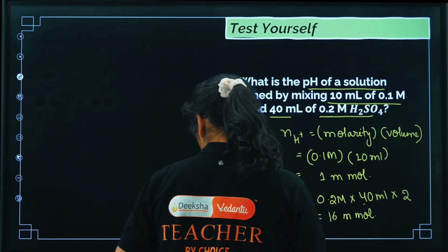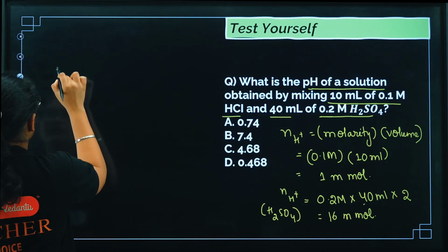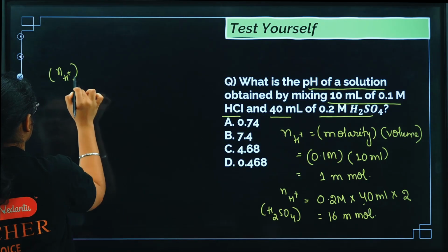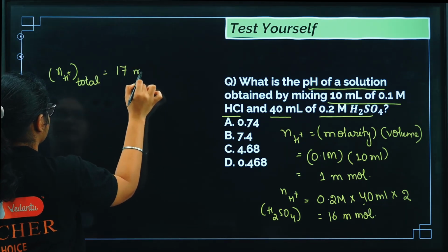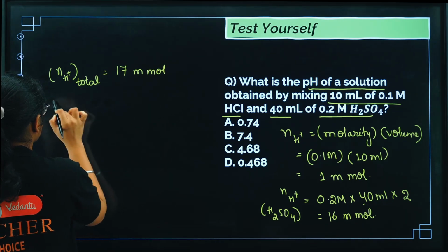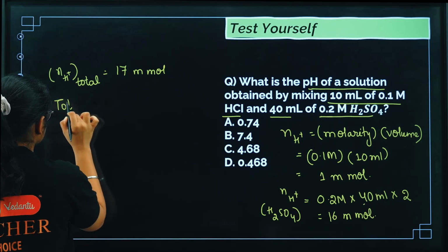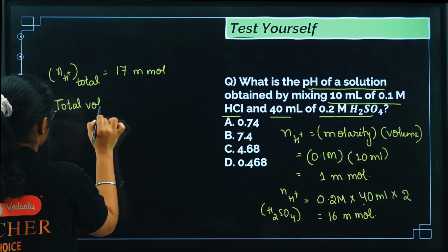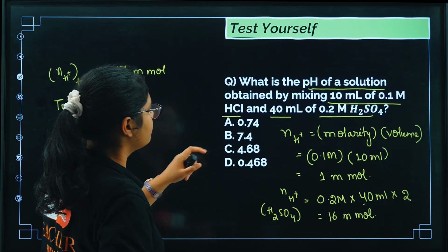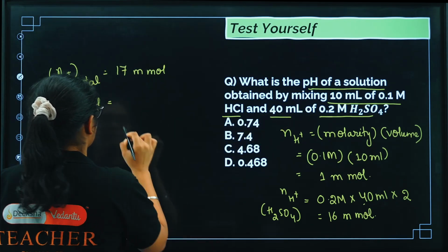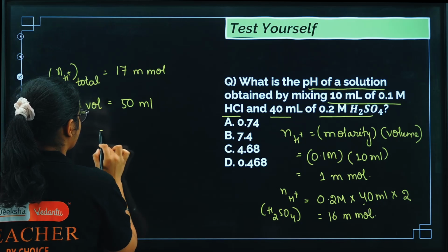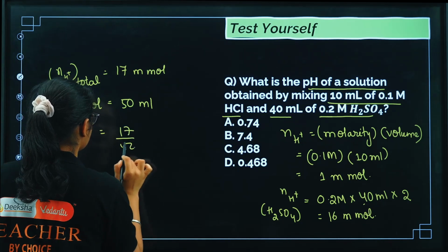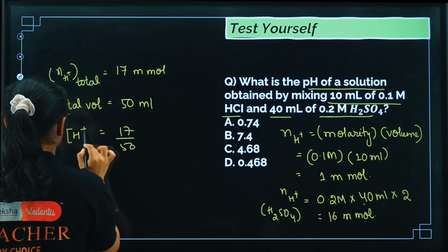So total number of moles of H plus is how much? n H plus total is equal to 17 millimoles. And what is the total volume? Total volume will be 40 plus 10, 50 ml. So I'll get 17 by 50 as the concentration of H plus.